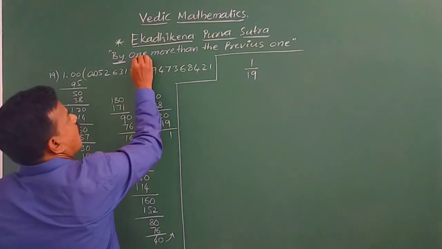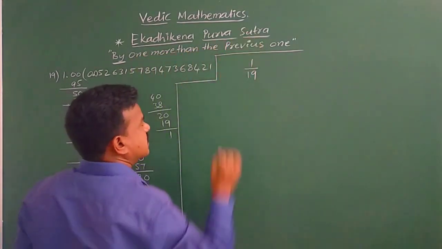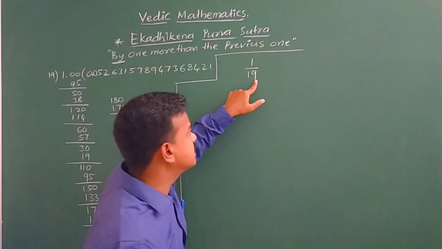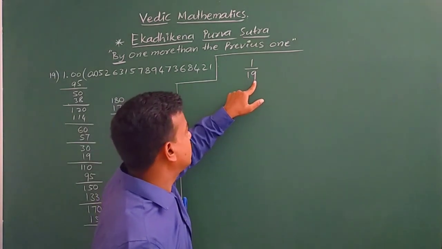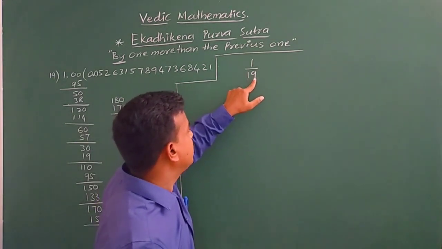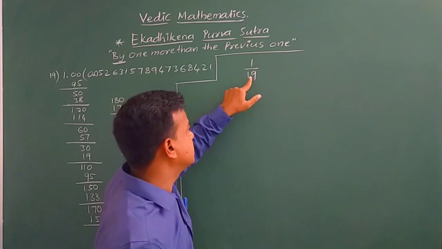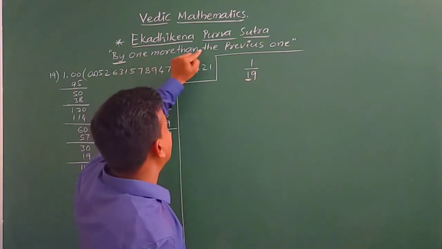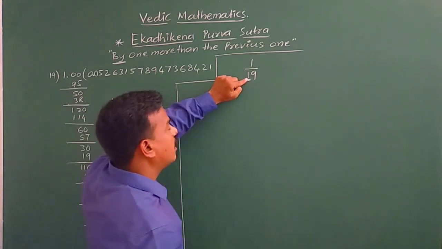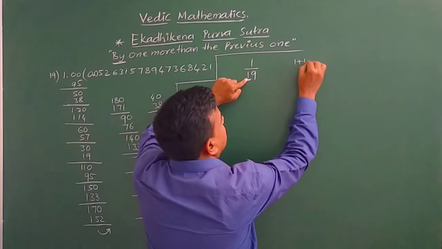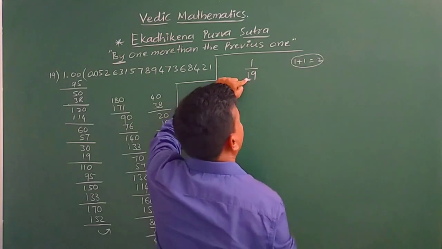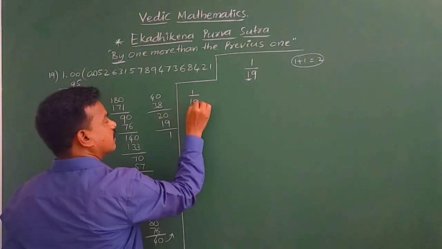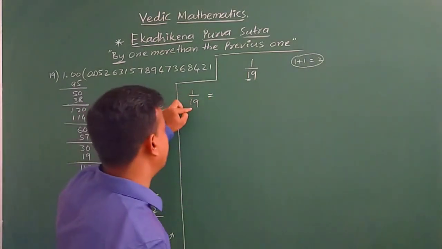Next, one more than the previous. You see here this denominator ends with 9. The previous of this 9, that means in the denominator the previous digit of the last digit, is 1. This is the previous one. And one more than this number, that is 1 plus 1, is equal to 2. And now I am writing the answer of 1 by 19.